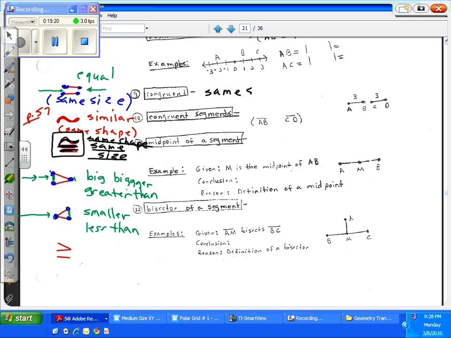So congruent means same size and same shape. Now, all segments have the same shape. So to be congruent, they would obviously just need to be the same size.